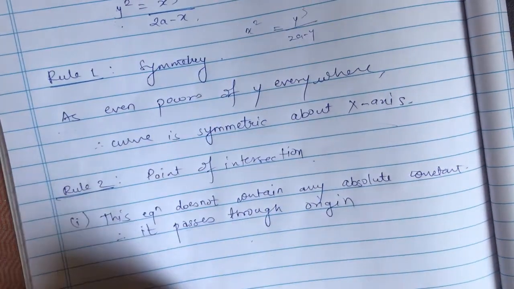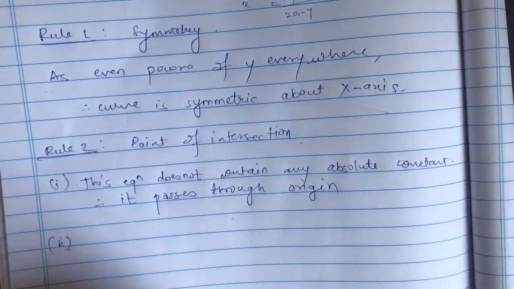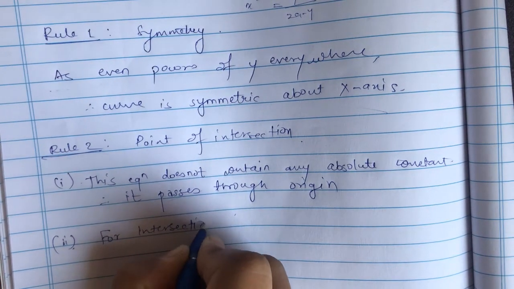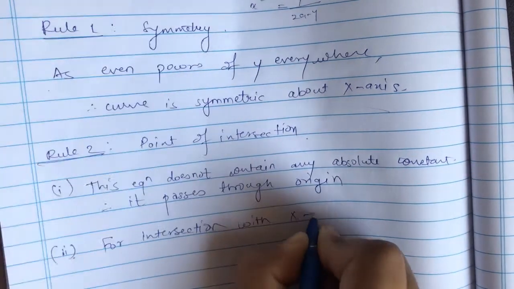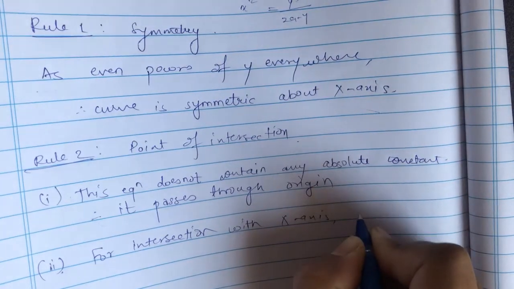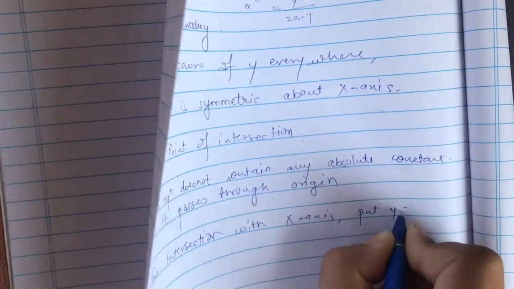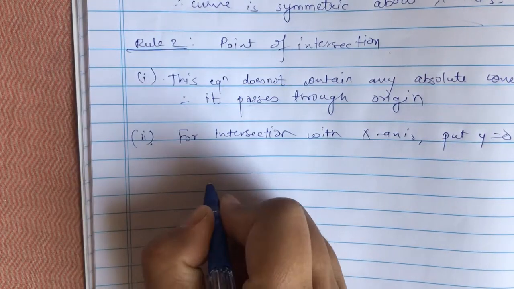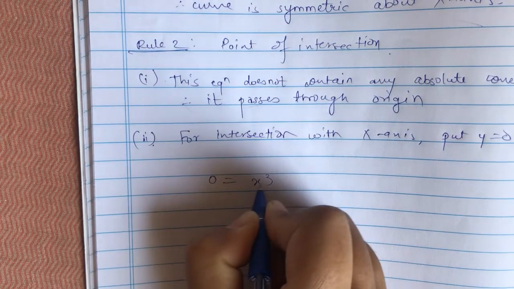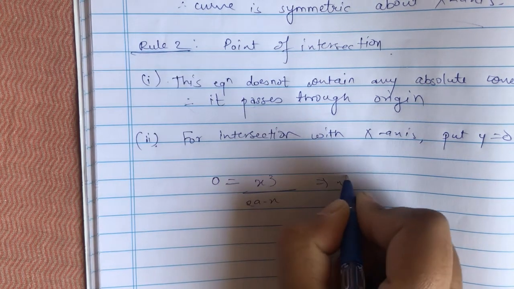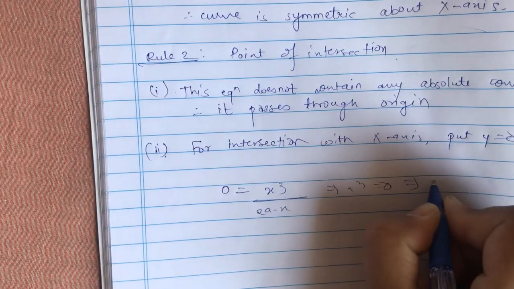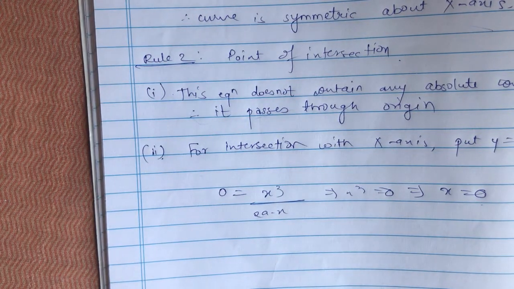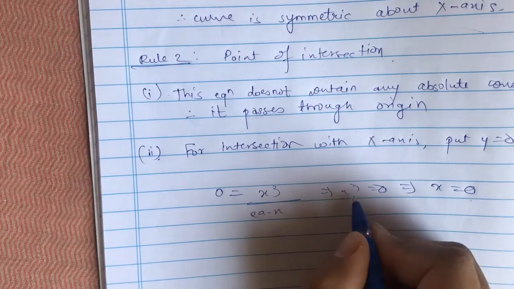Now for the intersection with the coordinate axes. For intersection with the x-axis, we put y equals 0. Then 0 equals x cube upon 2a minus x, that is x cube equals 0, that is x equals 0.